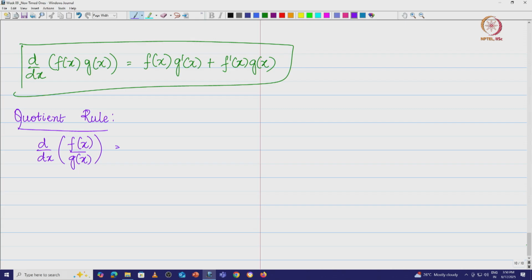This would boil down to g of x into f dash of x minus f of x into g dash of x, divided by g of x the whole square. This is what we have.